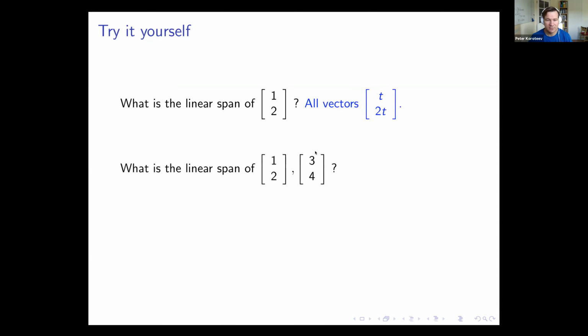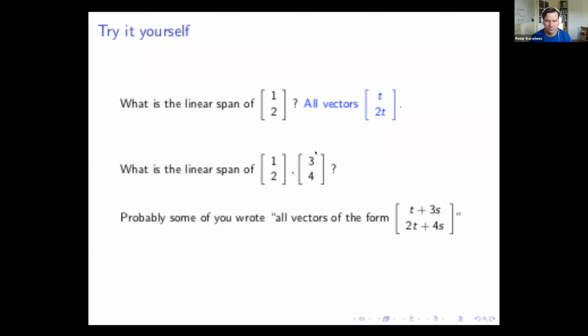What's the linear span of (1, 2) and (3, 4)? So probably you can start with this, right? You can say multiply the first vector by coefficient t, the second vector by coefficient s, and then say that you get vectors of the form t plus 3s and 2t plus 4s.